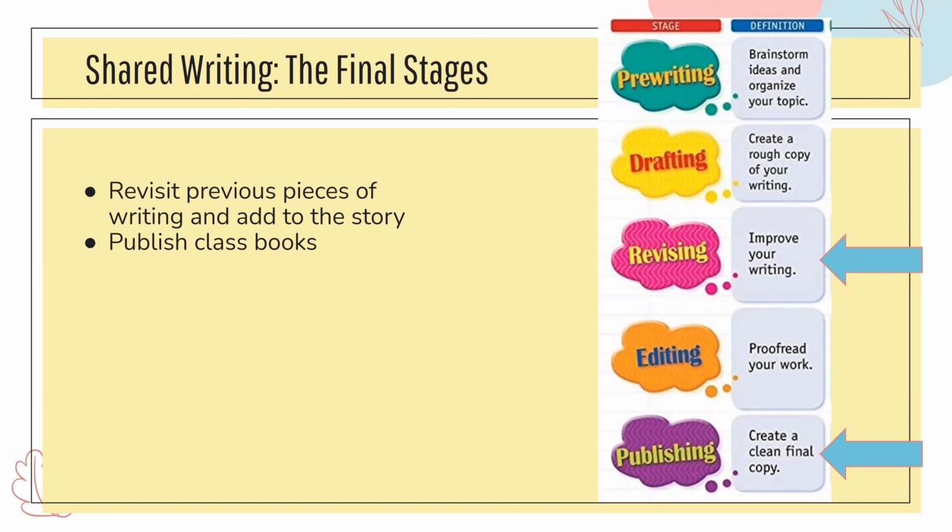I've seen this a lot in pre-K classrooms where children each are given a page to draw a picture of themselves and write their name, and then the teacher might help them write some things about themselves. Or you could publish a class book of stories that you've written on chart paper. So there's lots of opportunities to take children through the various stages of the writing process.